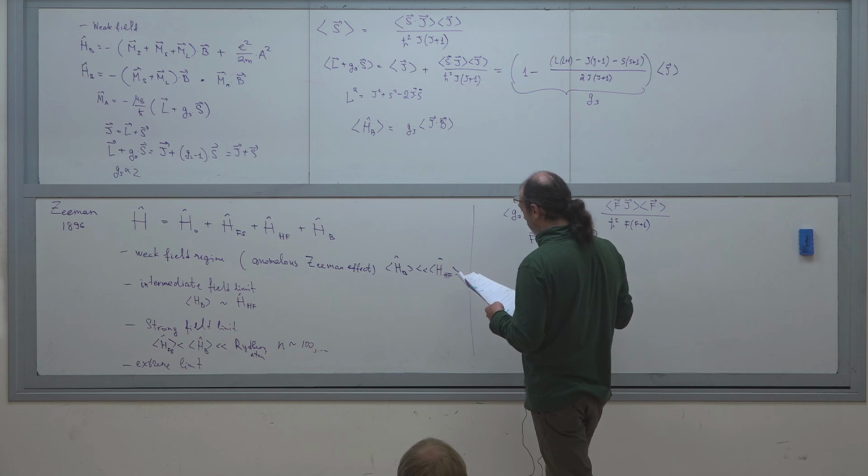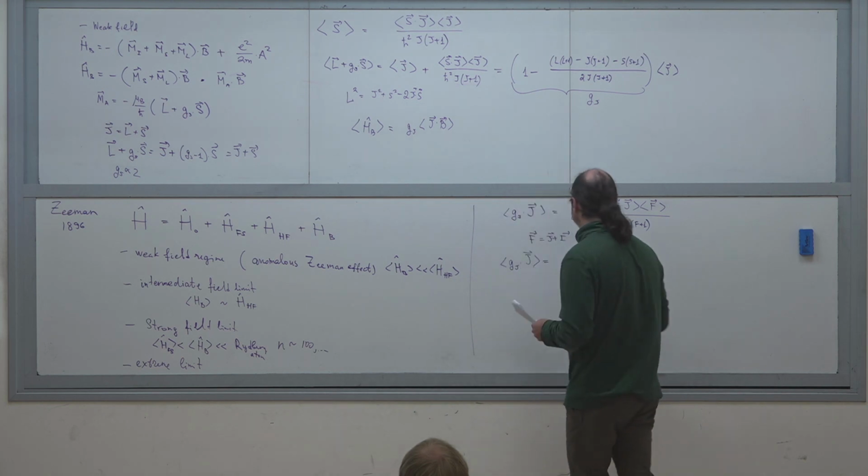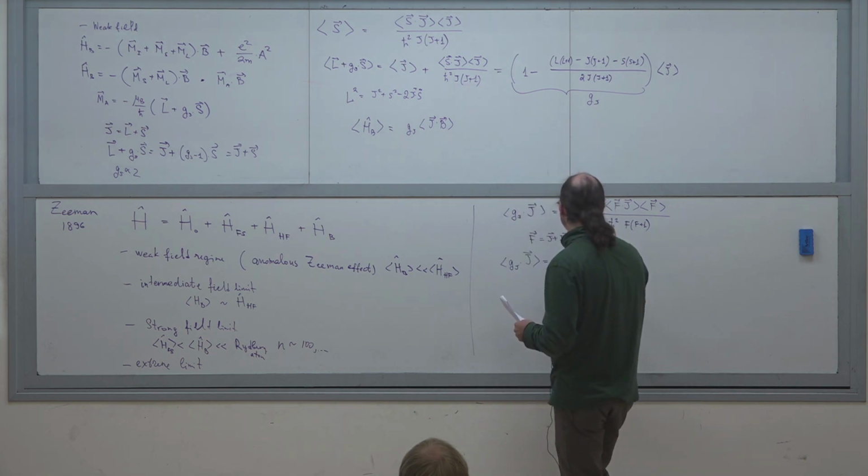this. So the relation between the gj multiplied by j, this is what we want to know, will be related to f through the gj.